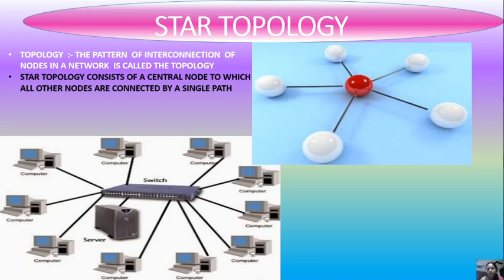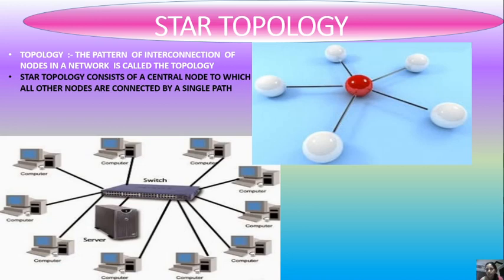At the bottom left side you can see another image. At the central node there is a server and a switch, and that server is connected with other PCs. You can compare this central server with the red ball, comparing these two images.